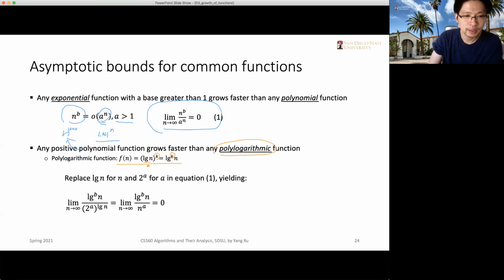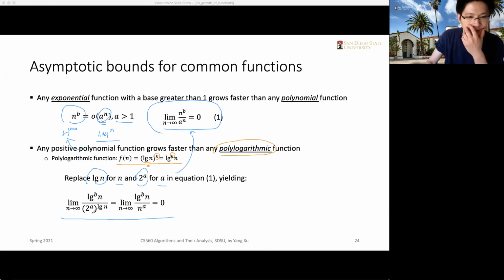We can do the substitution by replacing n with logarithm n and a with 2 to the power of a in the above limit terms, and we will have this new limit.